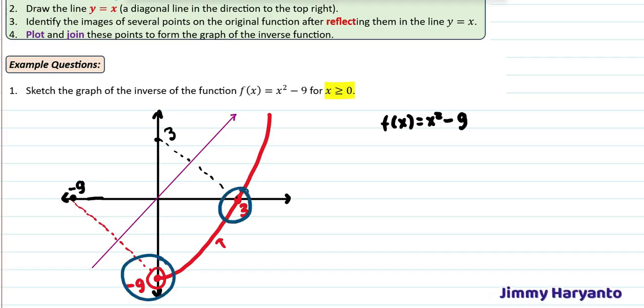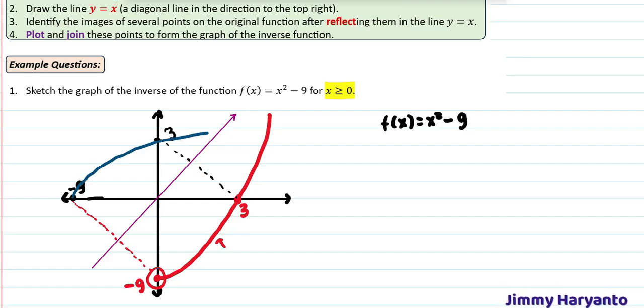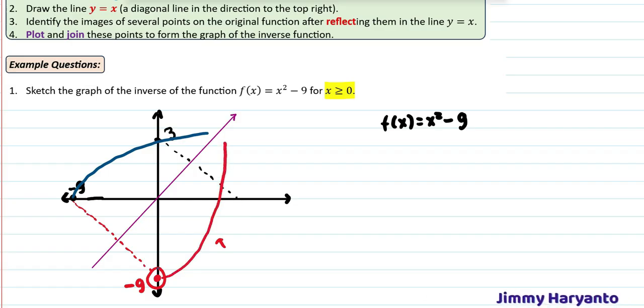This one's -9 and this one is 3. The distance is the same. That makes it harder to reflect. Okay, just pretend it's like that. Yeah, so maybe I can fix this one. So this one is 3. Okay, just like that, guys.